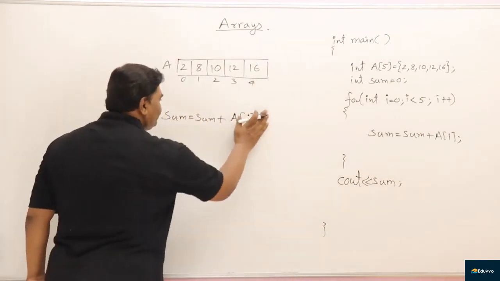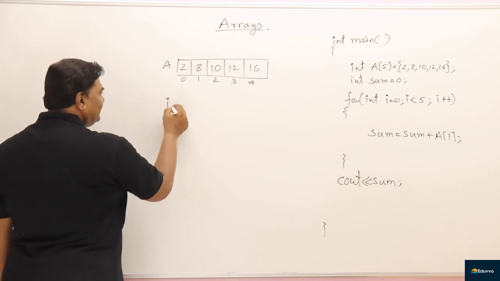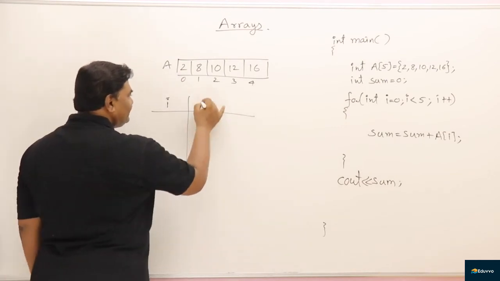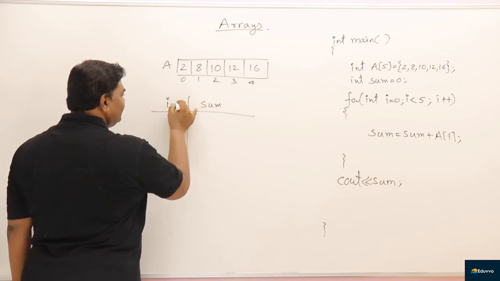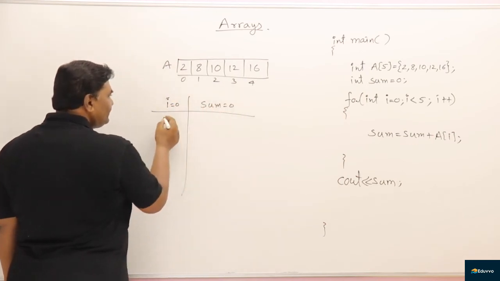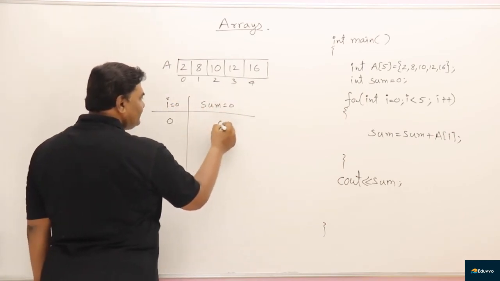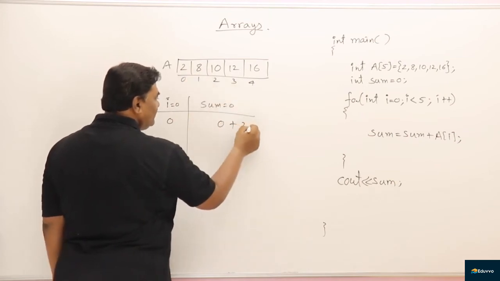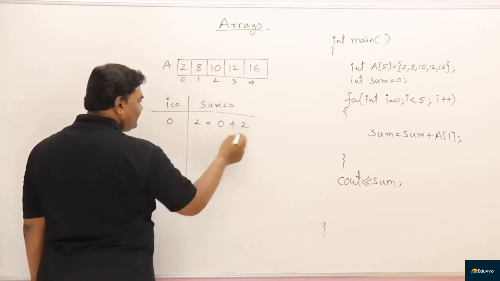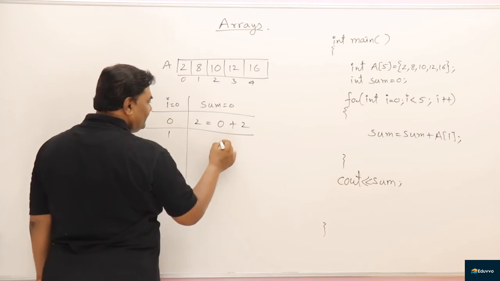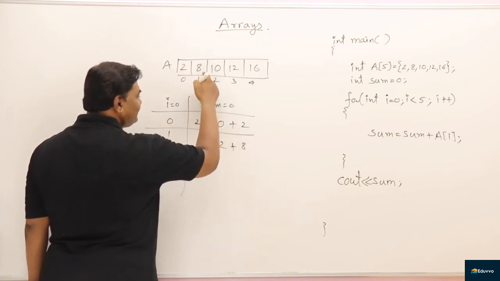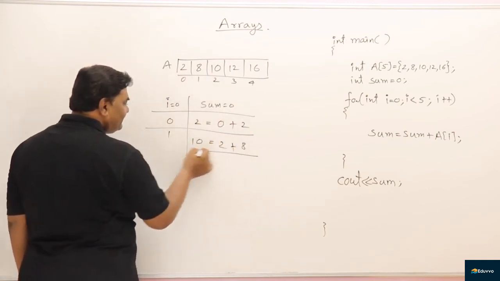Let me trace this also and quickly show you. See, I is one thing and sum is another. I is initially 0, sum is initially 0. So I is 0, 0 plus 2 is added and the result is 2. Then I is 1, so 2 plus 8 is added and the result is 10.